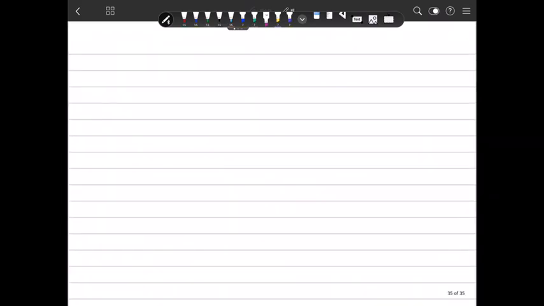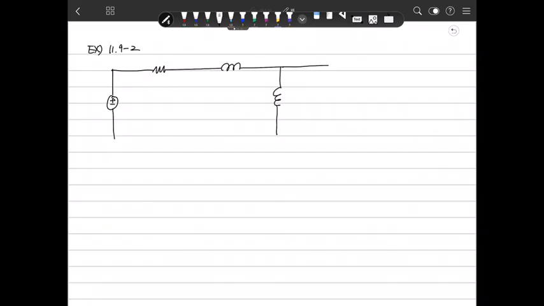So we have another example. 11, 9, and 2. Two resistors and an inductor and another inductor here. Define this is a VO. This is 4 Henry. This is 5 Henry.